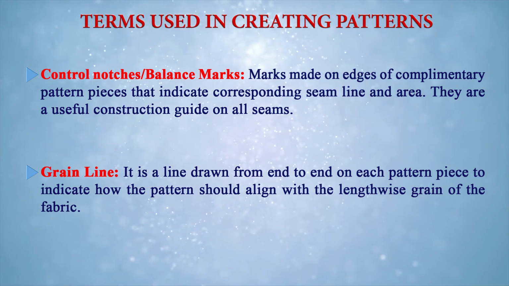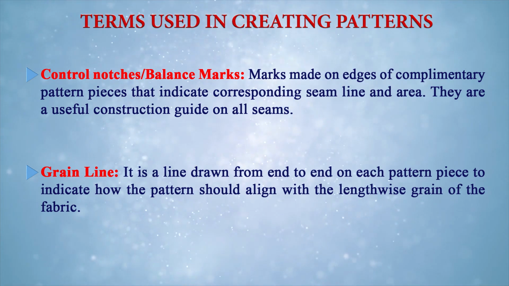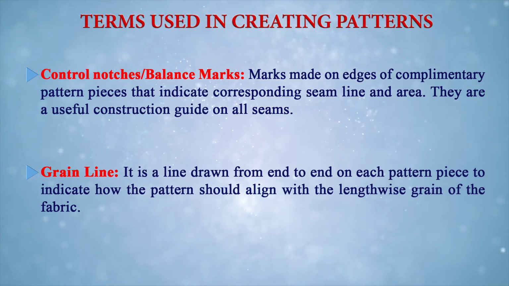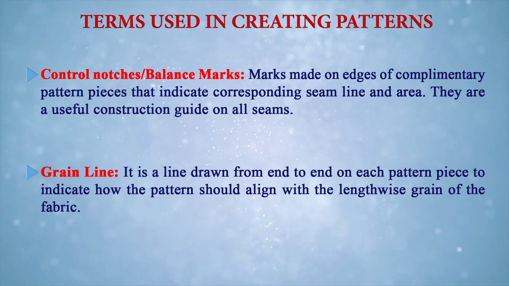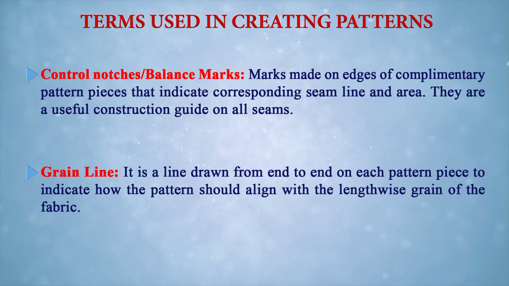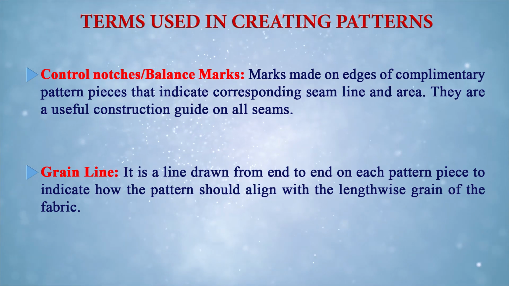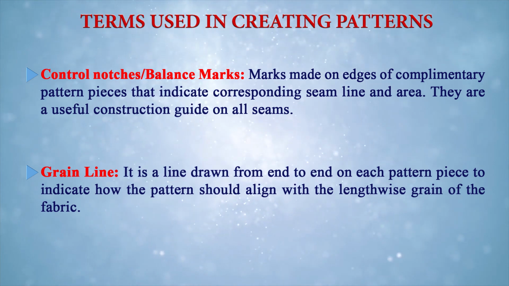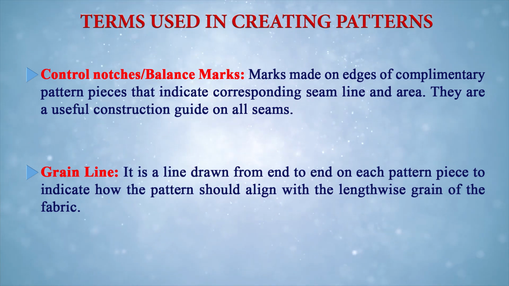In which direction we have to cut the fabric depends upon the grain line. So this is a line drawn from end to end on each pattern piece to indicate how the pattern should align with the lengthwise grain of the fabric. So this is about the grain line.